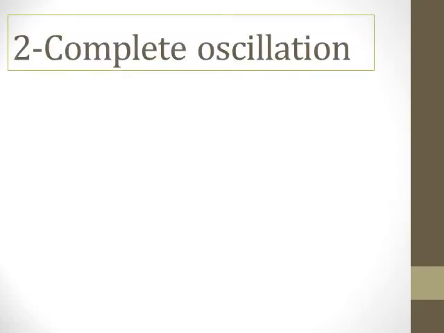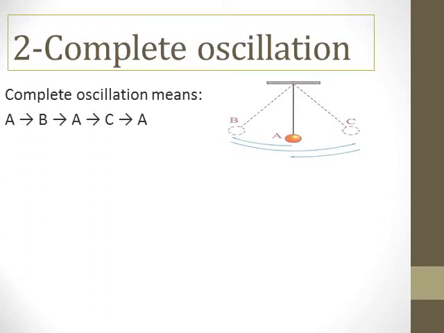Now let's talk about number 2, complete oscillation. Look at this figure and imagine that you pull this simple pendulum and leave it. You will find that it's moved from the first position A to the second position B, then from B to A, then from A to C, and finally from C to A. Now you have 4 amplitudes, and 4 amplitudes equals 1 complete oscillation.